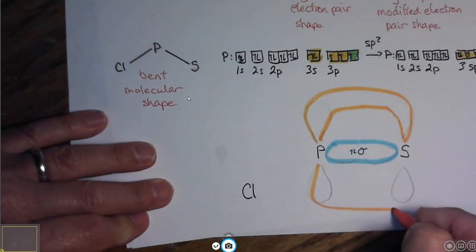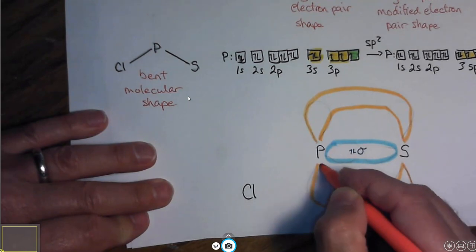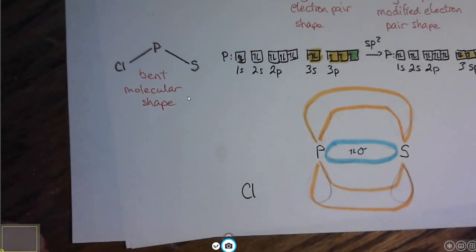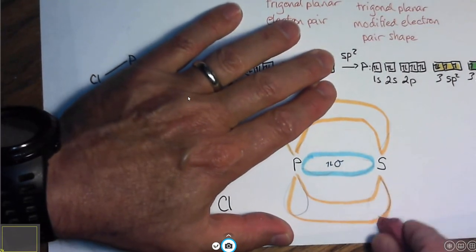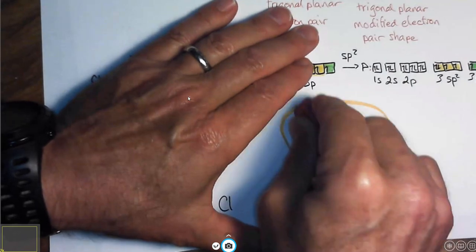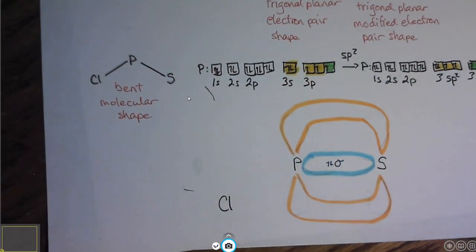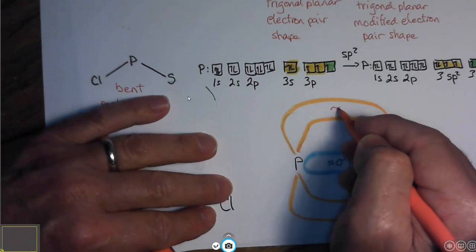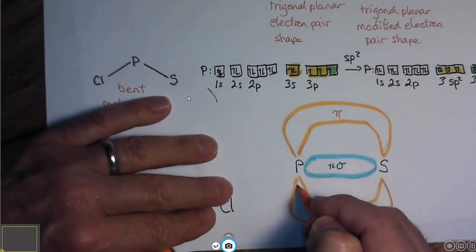It's one pi bond, but there are two antinodes to make up the pi bond. So this is a pi bond, and it came from a p orbital.